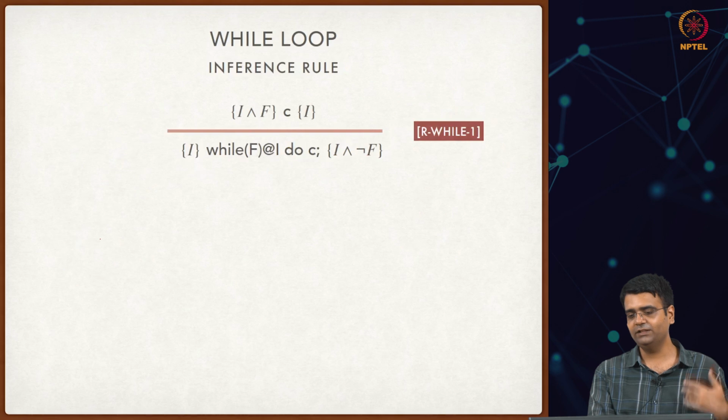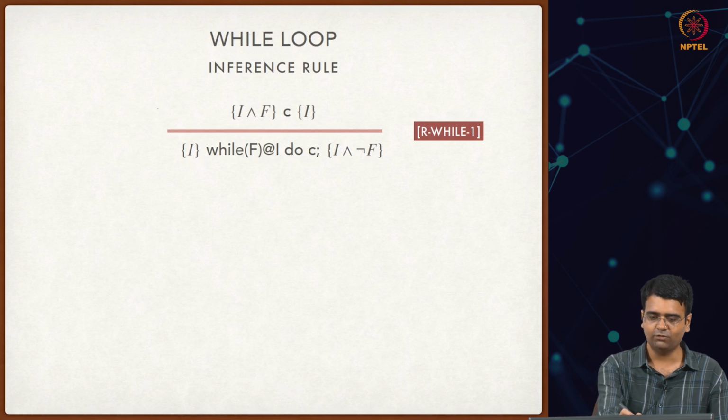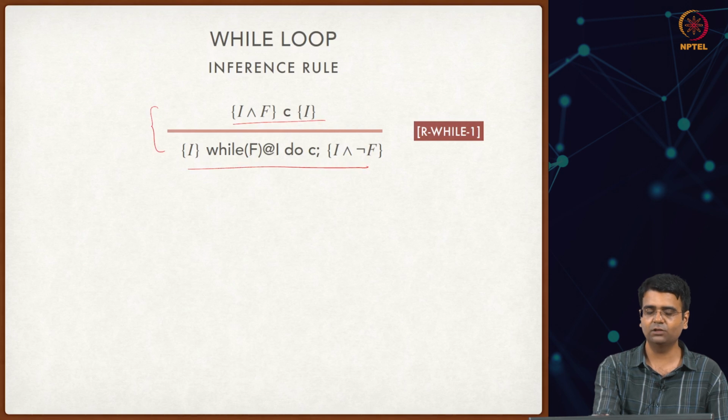So let's look at the inference rule now for while loops, which uses the loop invariant. Again this is following the same format. So I have my conclusion, I have my premise. Let's look at the conclusion first. The conclusion says that if you have a while loop of this form, while f do c, notice that I is already annotated as part of the program, then you can deduce this particular Hoare triple.